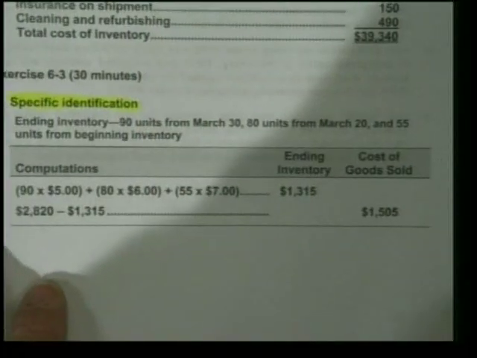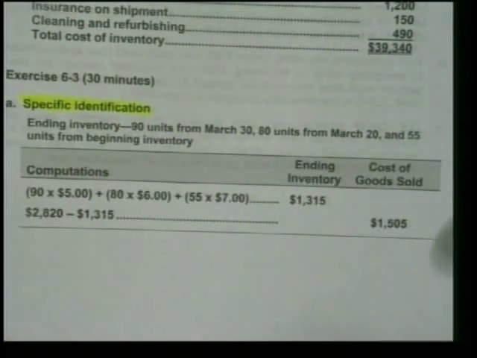Okay? Now, let's go ahead and do the specific ID method first. Now, you might have used your inventory sheets on these. You can on specific ID, but this is the way that they did it.